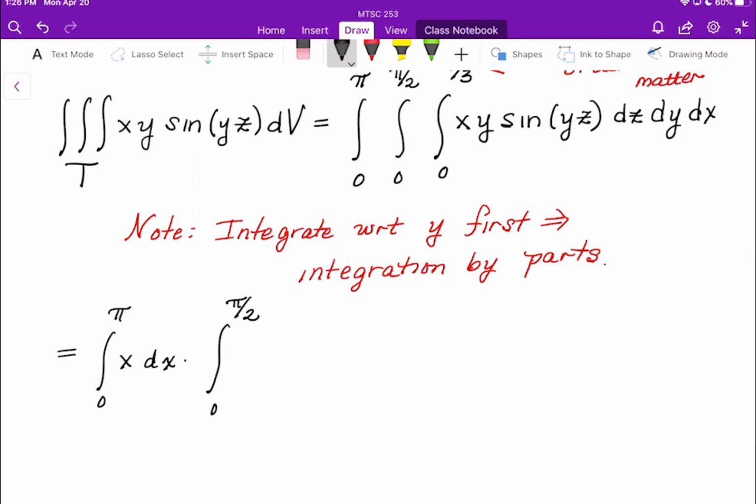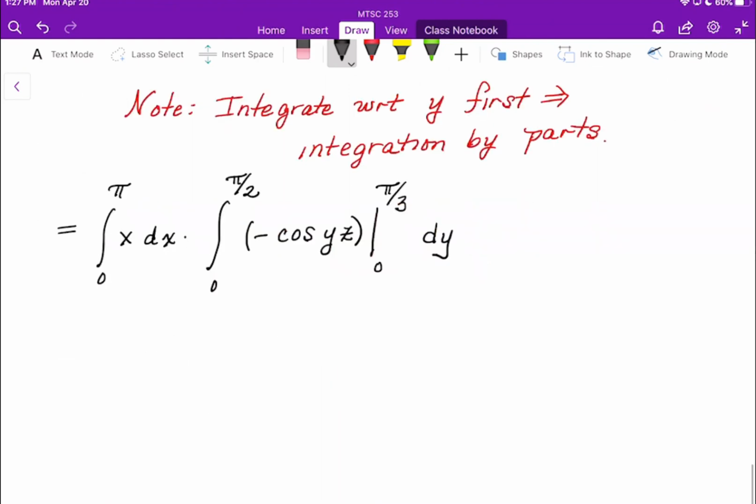So I just end up with minus cosine of yz evaluated between 0 and pi over 3 dy. Well, this integral turns out to be pi squared over 2. So that part was easy.